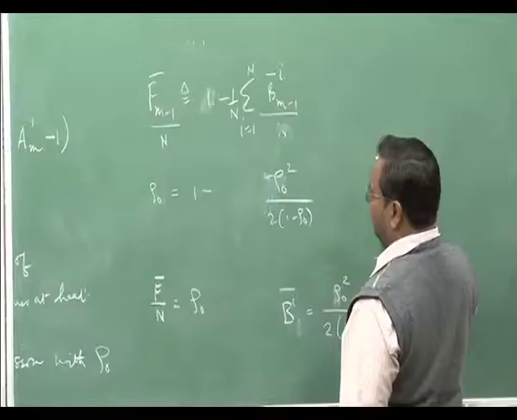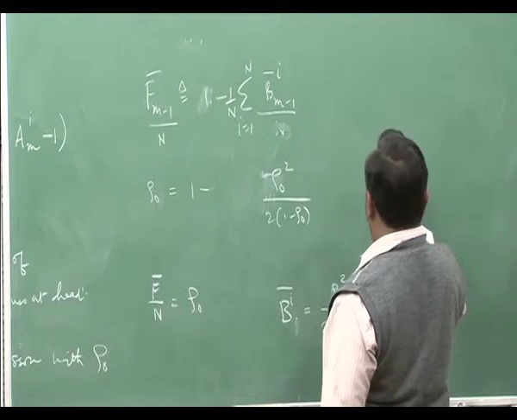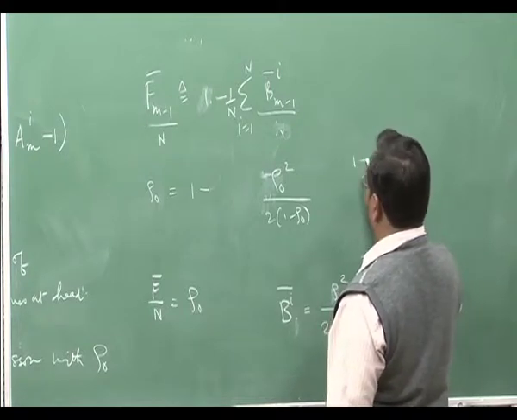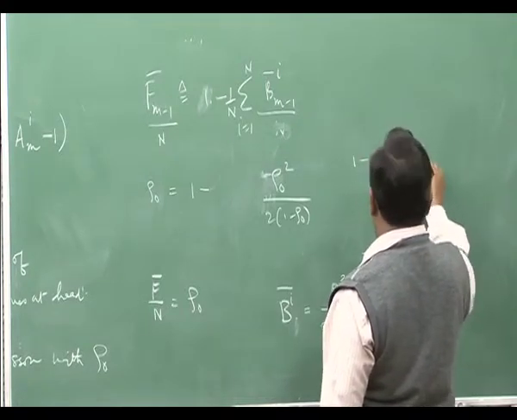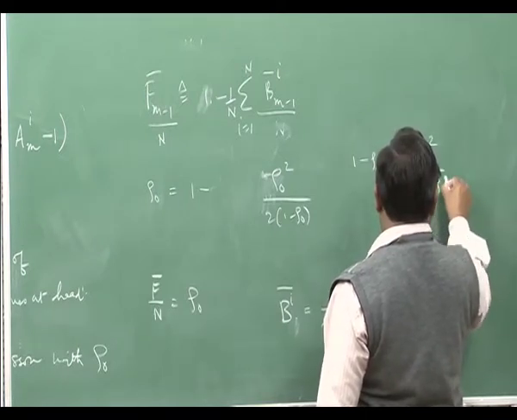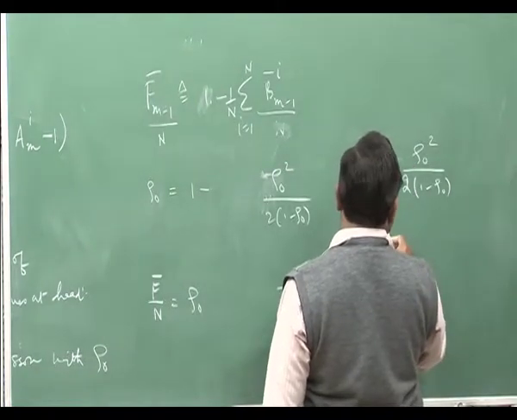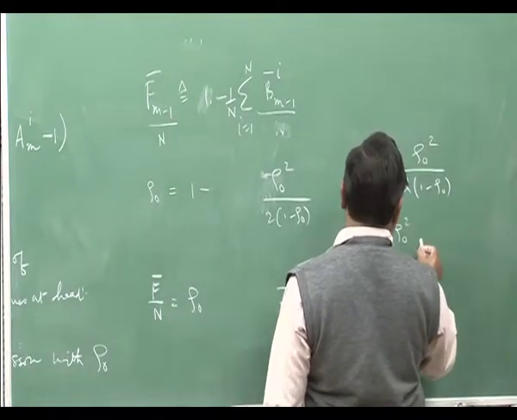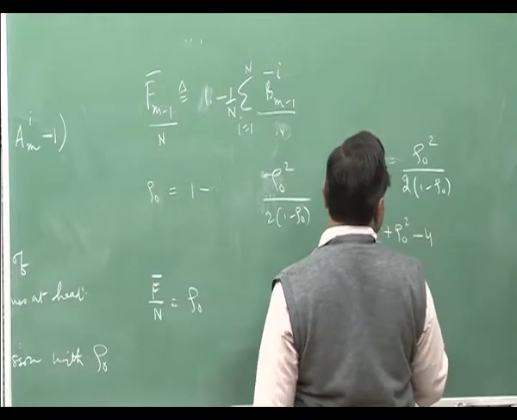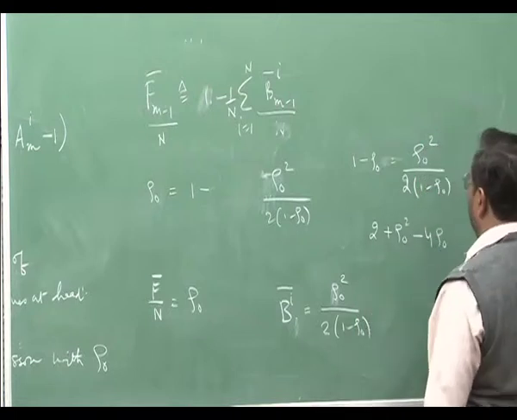So you should get 1 minus rho naught is equal to rho naught square plus rho naught square minus 4 rho naught.